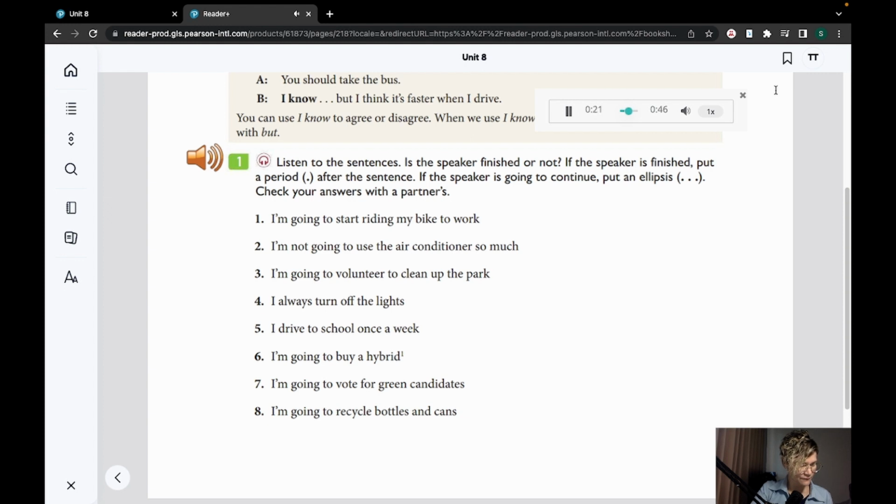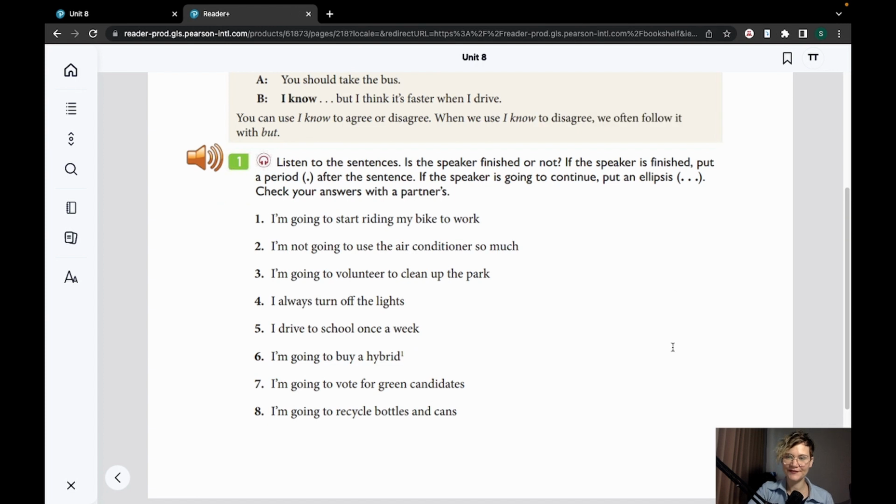I always turn off the lights. 5. I drive to school once a week. 6. I'm going to buy a hybrid. 7. I'm going to vote for green candidates. 8. I'm going to recycle bottles and cans.